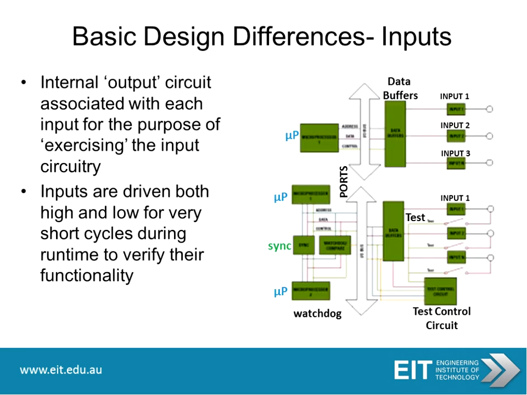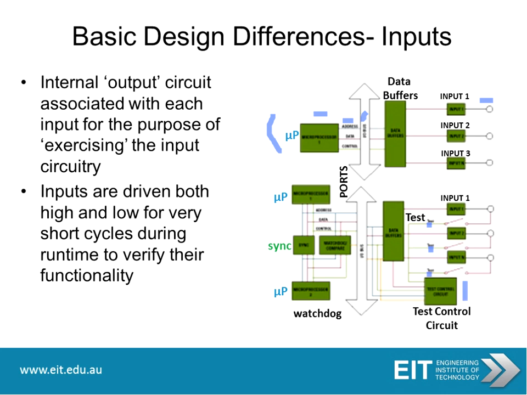Now again, the picture on top is just the general PLC, where we have the different inputs, and we have the microprocessor again with the ports and the different address, data and control buses. So the internal output circuit is associated with each input. There's input, and there you can see the test signal going back from each input to the test control circuit.